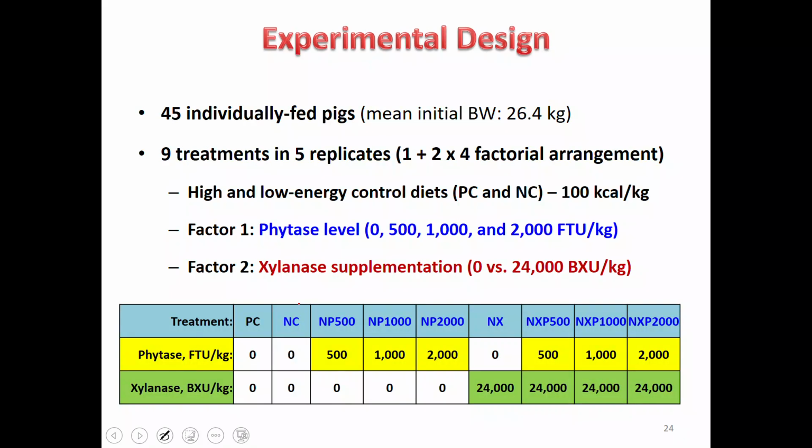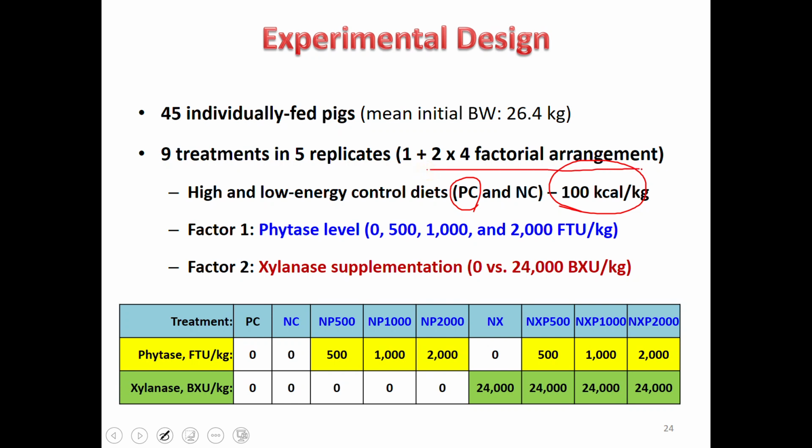So we used 45 individually fed pigs with initial body weight 26 kilograms and had 9 treatments in 5 replicates. One positive control diet has high energy, and the negative control diet has low energy content compared to the positive control diet.